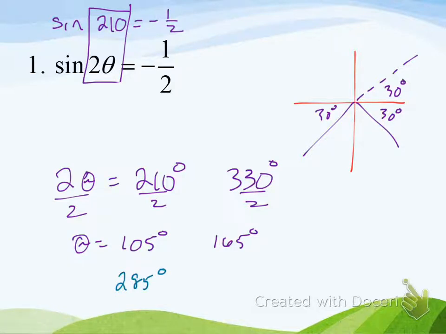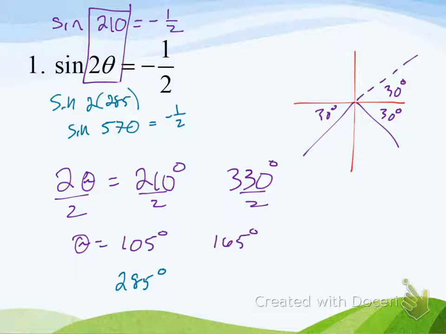So you plug in 285 for theta. 2 times 285 is 570. If you were to type in sine of 570, your calculator will tell you that's negative 1/2. So apparently 285 degrees is a solution for theta as well.